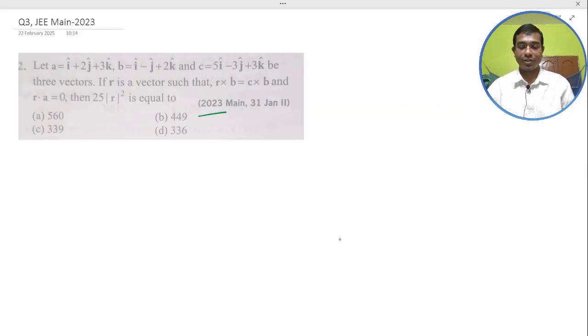This is another recent question, JEE Main 2023. Let A, B, C be vectors. If R is a unit vector such that R cross B equal to C cross B and R dot A equal to 0, then 25 mod R square is equal to what?